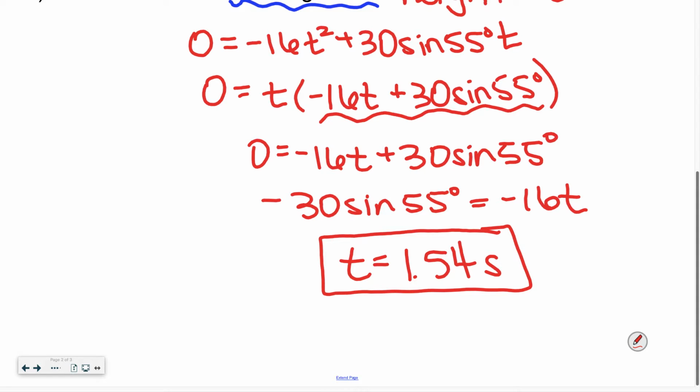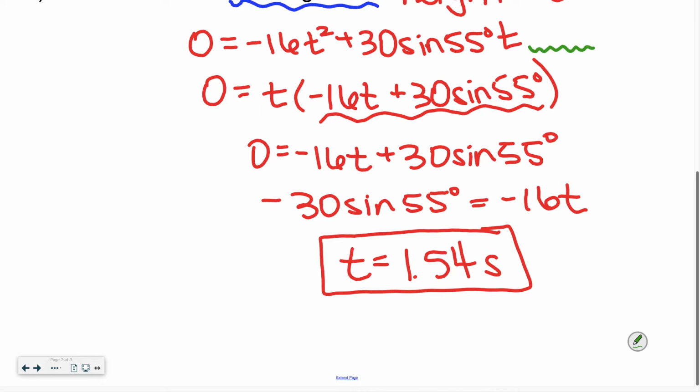What makes this problem nice is that we did not have an initial height right here, and so we were able to factor out a t and solve from there. That will not happen every time. In fact, at least once, if not more times on your homework, there will be a problem where I give you an initial height. At that point, you can't factor.